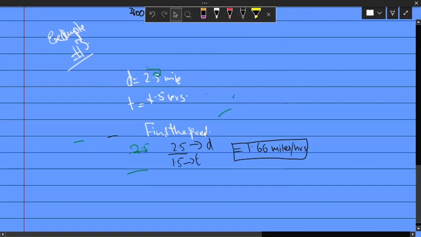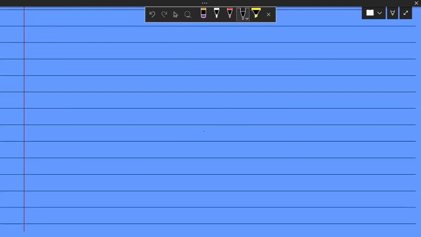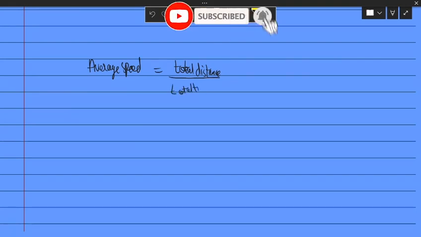So we are done with this, example number 3. Now let's learn how to calculate the average speed. How do you calculate average speed? The average speed formula is total distance upon total time.